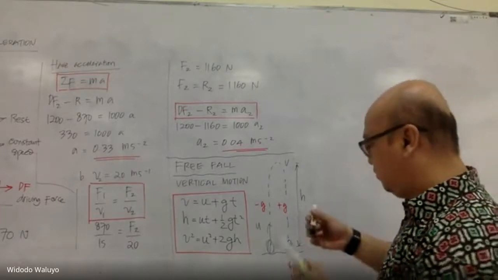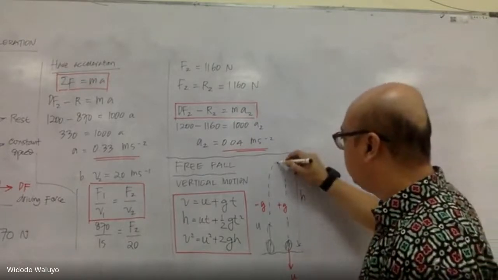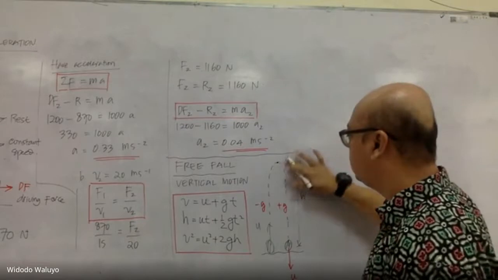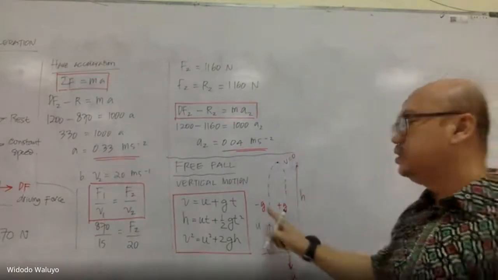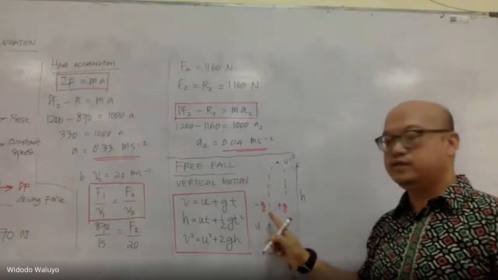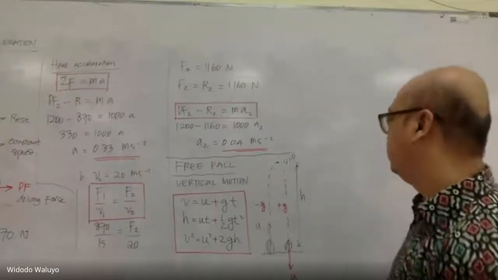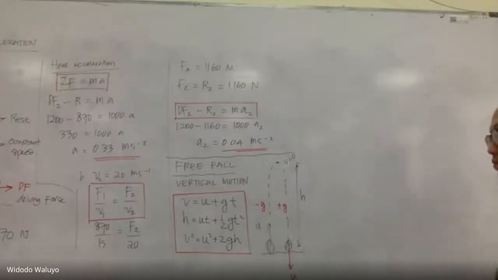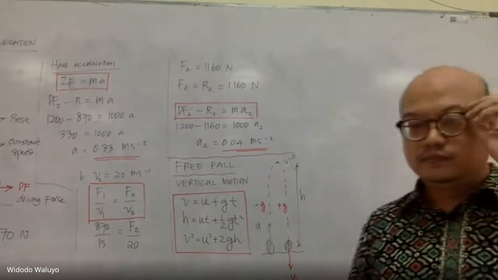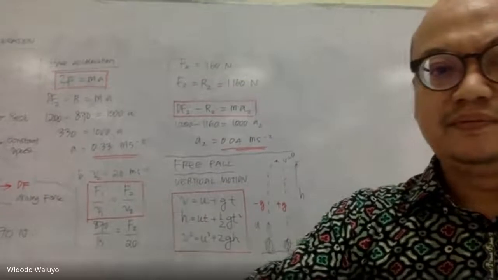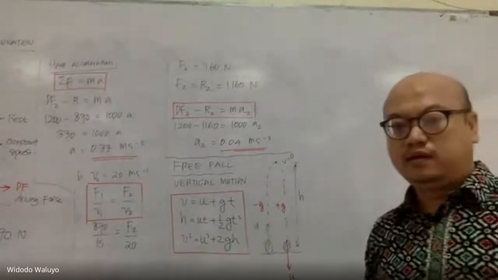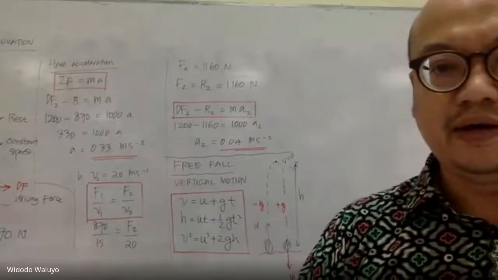At the maximum point, the velocity comes to zero, because it decelerates by gravitational deceleration. I will open the file.